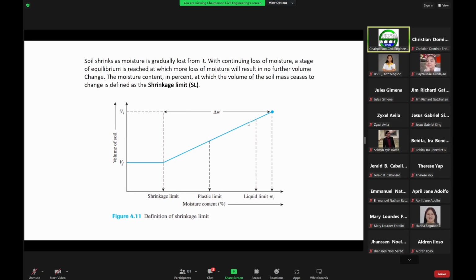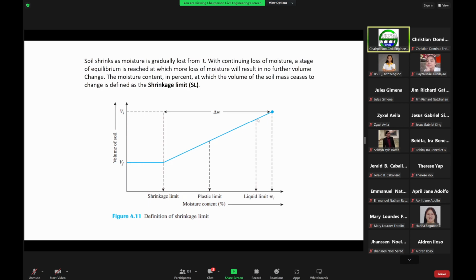Then as you continue losing moisture, it will go to its plastic limit state. Continue losing moisture, then the soil will reach its shrinkage limit value. Once it reaches the shrinkage limit value, the soil will no longer shrink, so here you now have a constant volume of soil.